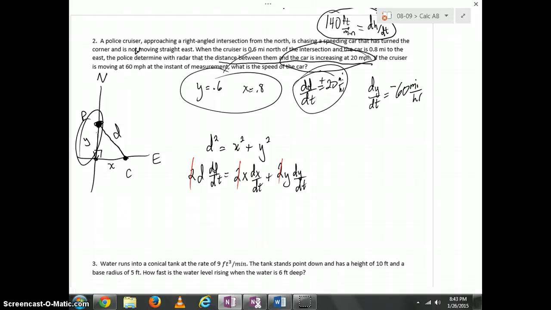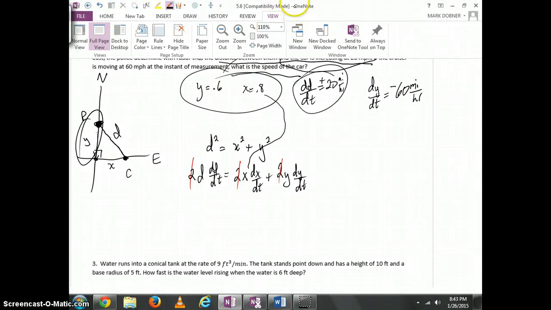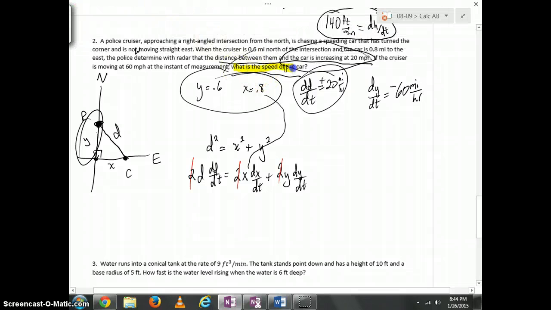Now, I think what happens very quickly is students will realize that they know what x is, they know what y is, they know what dD/dt is, they'll know what dy/dt is, and they'll know they need to find the speed of the car. The speed of the car, of course, is the speed of the speeding car.